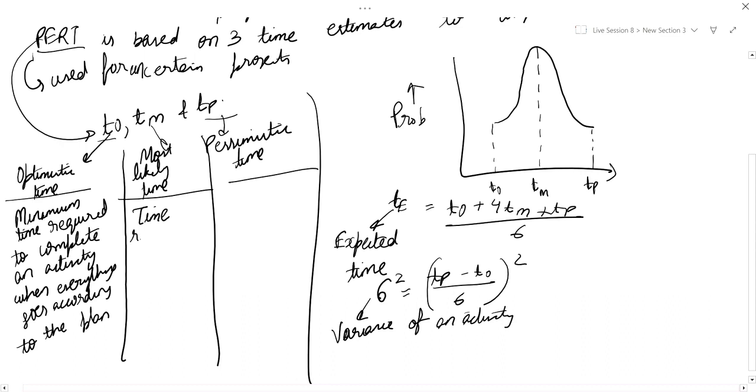Time required to complete an activity under normal conditions.